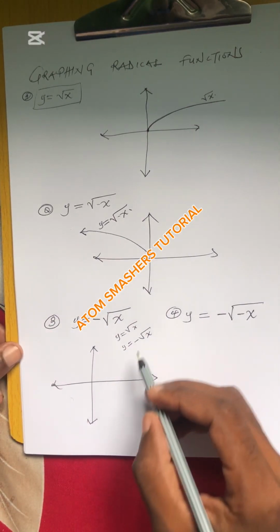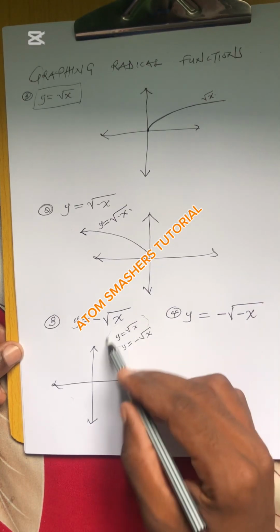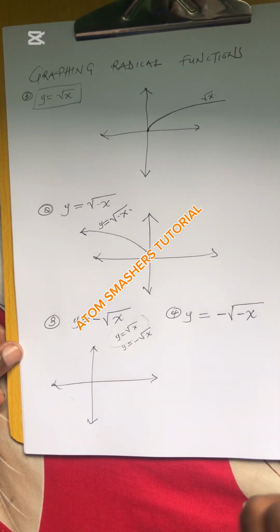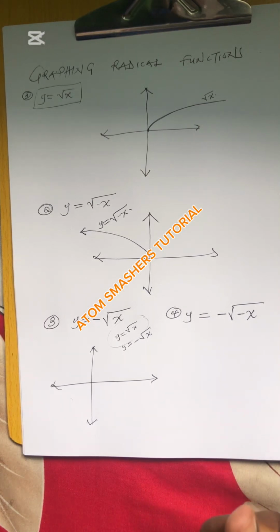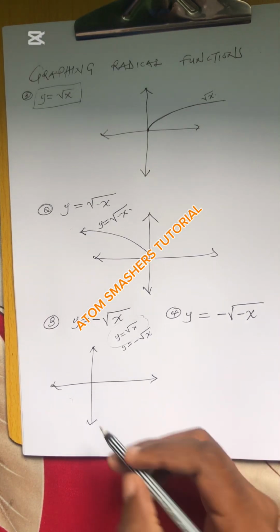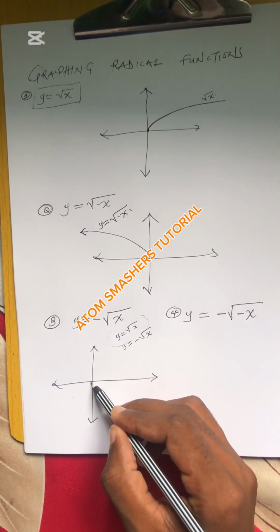The general graph of the root of x comes out like this.